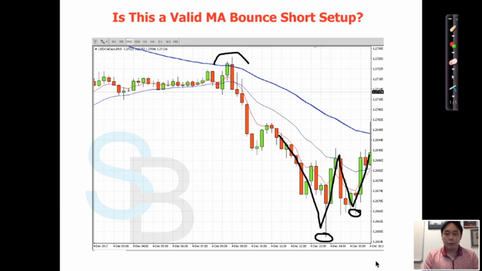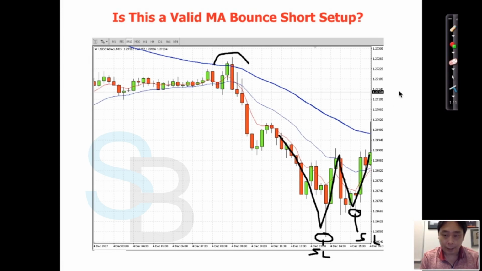So this recent swing low is higher than the previous swing low, and that is not valid. Remember that the recent swing low must be lower than the previous swing low. It must make lower lows. But in this case, it is making higher lows. So that is not a highly probable downtrend setup.